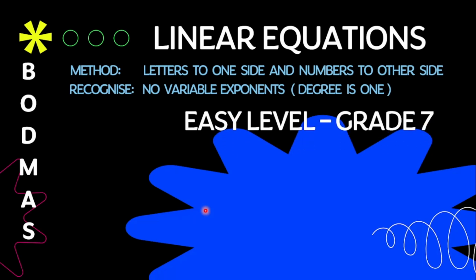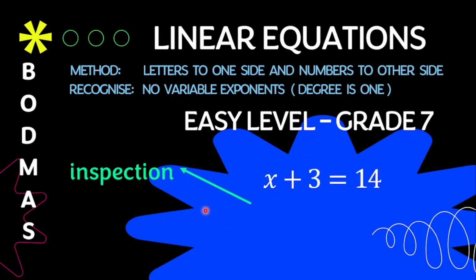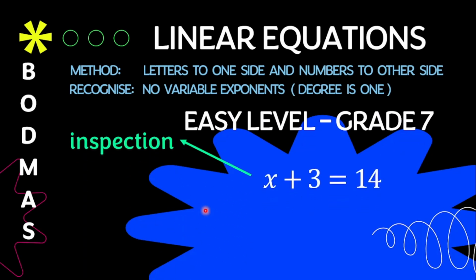Okay, so let's take a look. Easy level, grade 7. In grade 7, you start off with something called inspection. Inspection is something that you've been doing since the younger grades, when they ask you, what must x be so that when I add 3, I'm going to get 14?